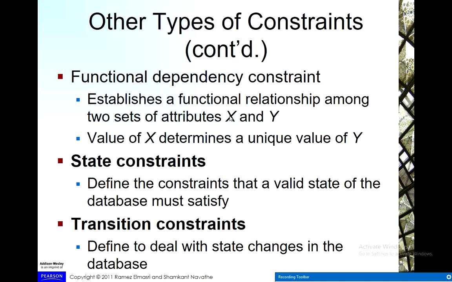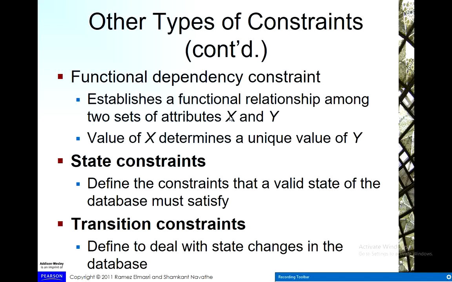And also there are state constraints, which define the constraints that a valid state of the database must satisfy. State constraint means the state of the database at a particular time. What is the state of the database? So these constraints also can be implemented in database design.